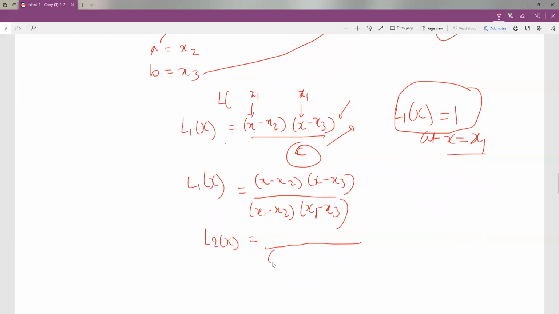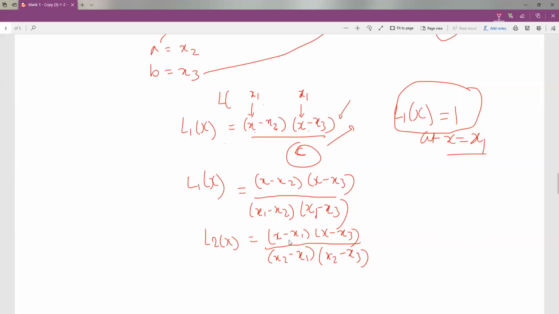So the numerator should be x minus x1 and x minus x3, and in the denominator we evaluate the same expression at x equal to x2: x2 minus x1, x2 minus x3.